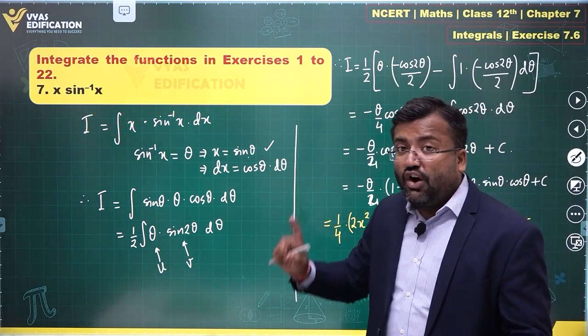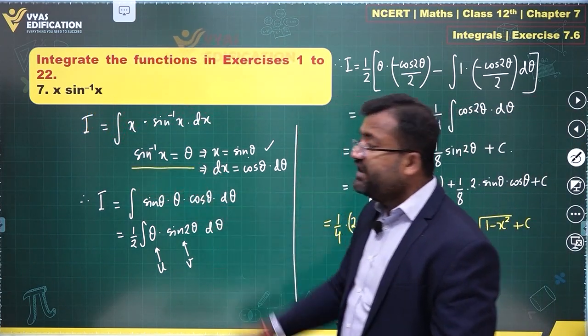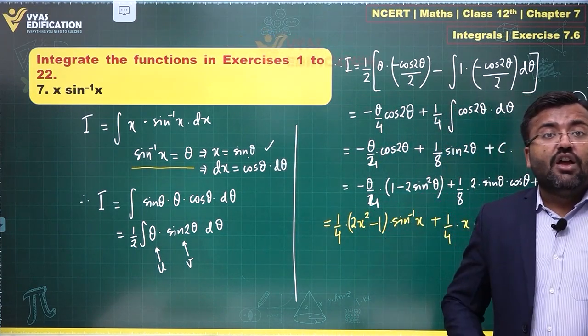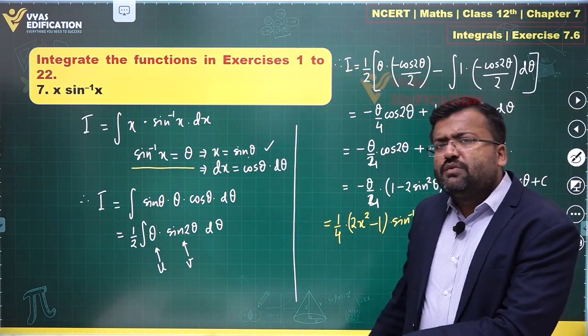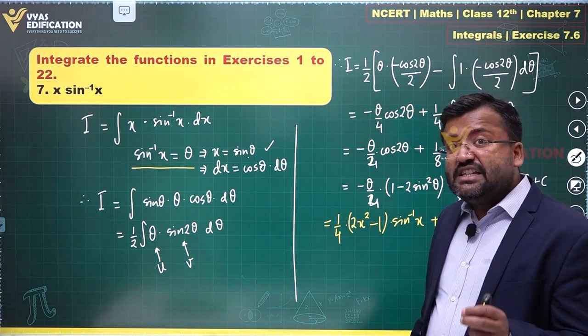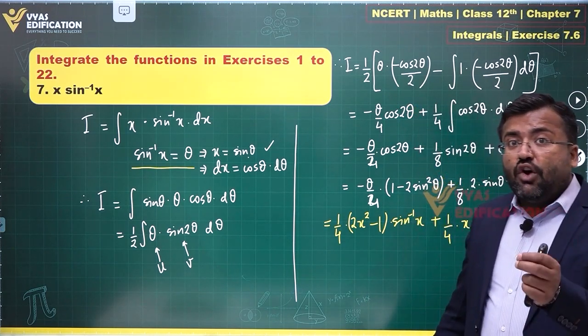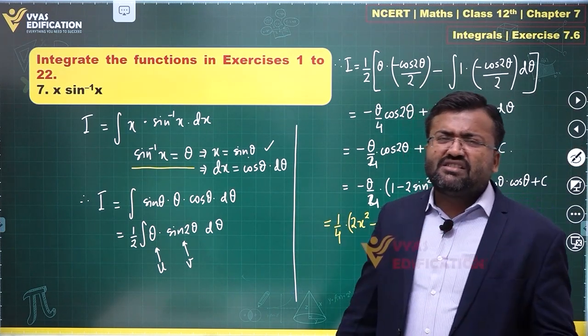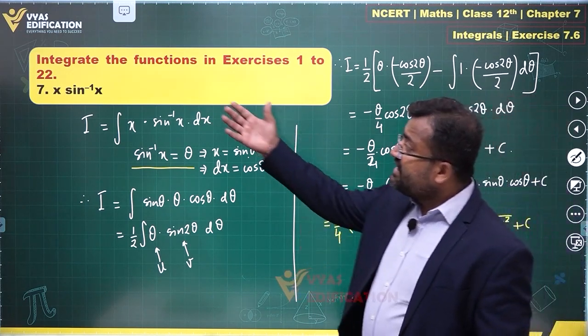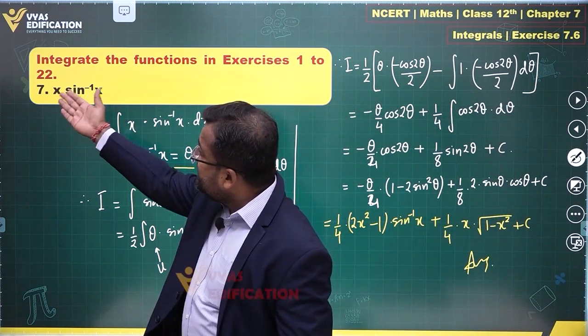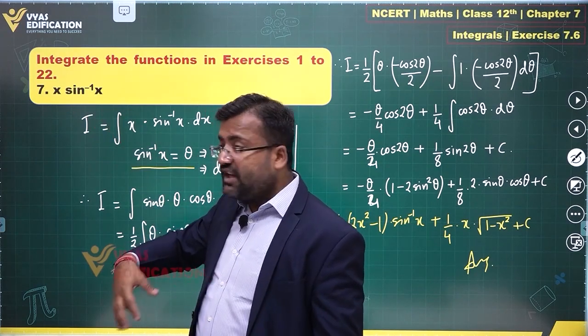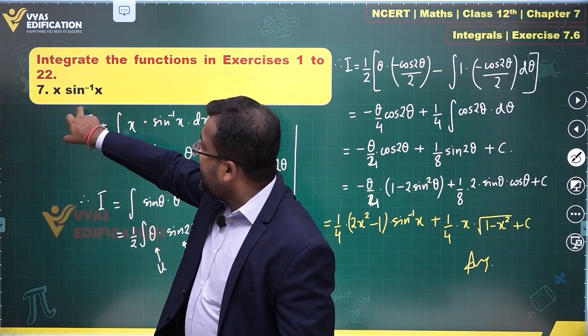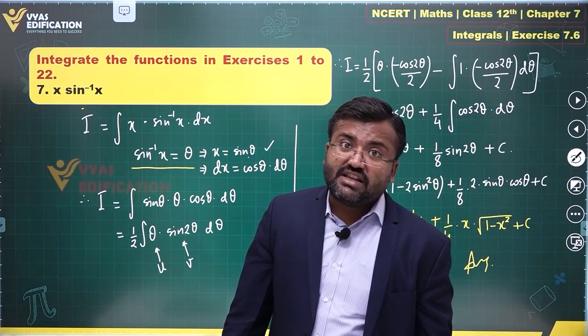And that is my required answer for this question using this approach. This approach involved the initial substitution of sine inverse x equal to theta. There was another approach which we discussed in the initial stages, and that approach involved that extra formula which will be discussed in an exercise, right? But in general, for such questions involving algebraic and inverse functions, you will take the integral of x and the derivative of sine inverse x, right?